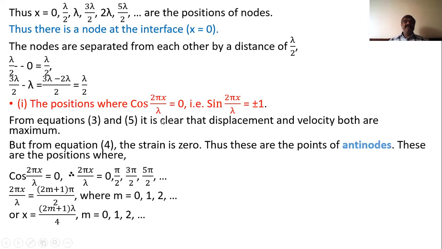Now let us see the reverse thing. In the initial condition, we have considered sine 2 pi x by lambda equal to 0. Now consider cos 2 pi x by lambda equal to 0. Now what will be sine? That will be plus or minus 1.